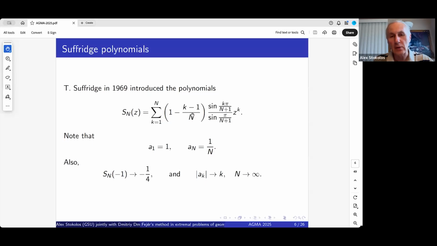And for this polynomial, there are nice properties. So it's -1, it is -1/4. And the coefficient approaches k if n goes to infinity, which means that in the sine problem, the absolute value of the coefficient grows, while in the cosine problem it is bounded by 2.